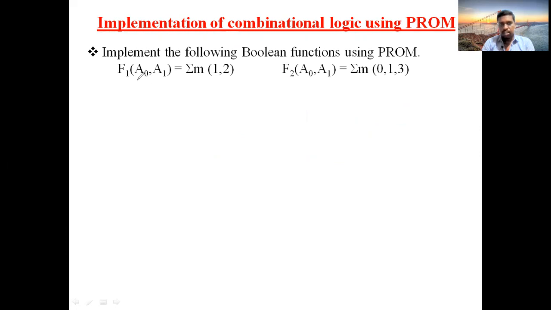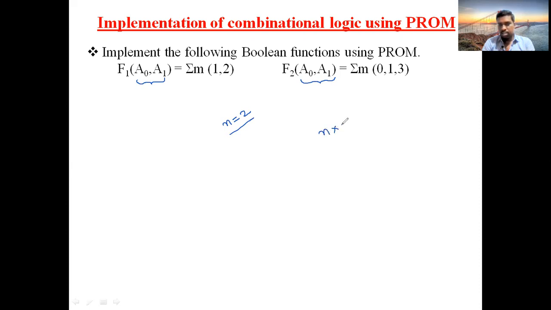So our first step is we need to find out which decoder is to be used. See here, the number of inputs are 2, A0, A1. Here also the number of inputs are 2, A0, A1. So if you clearly observe, the value of n is equal to 2. What is n? The number of inputs. So what is the decoder representation? n cross 2 power n.